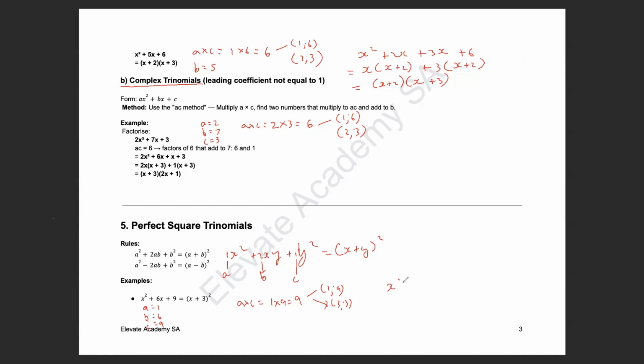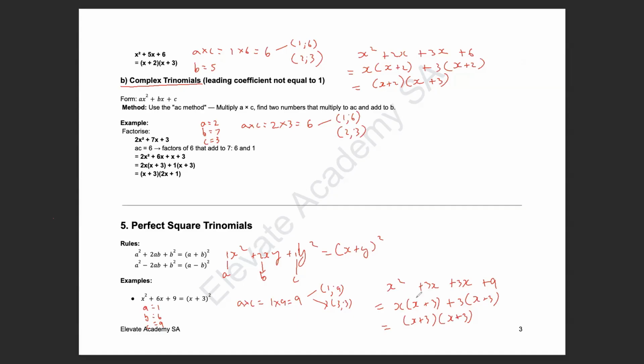So we say x squared, we split up the 6x into plus 3x plus 3x plus 9. And then we factorize these two: x into x plus 3, and we factorize this plus 3 into x plus 3. It's clear that we're now left with x plus 3 into x plus 3.